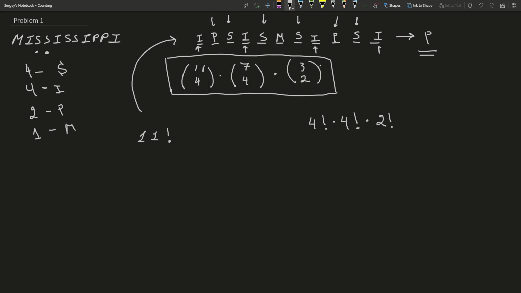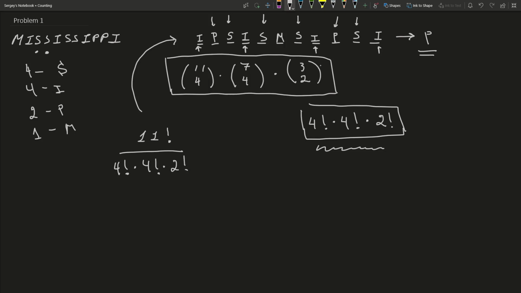So for any permutation of the letters in the word Mississippi, we have exactly this many permutations that leave it unchanged. So if we take all possible permutations of Mississippi, all 11 factorial, for each one of them, we have this many permutations that leave it unchanged. So if we factor those out, then we are left with the number of unique permutations. And now these 2 numbers are the same.